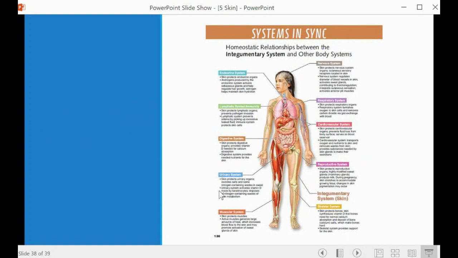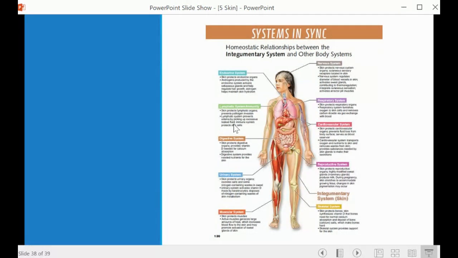That's part of that homeostatic system. But for the endocrine, we also talked about vitamin D synthesis, and androgens helping the sebaceous glands to be activated, hair growth, all of that. The lymphatic system is going to prevent any edema.